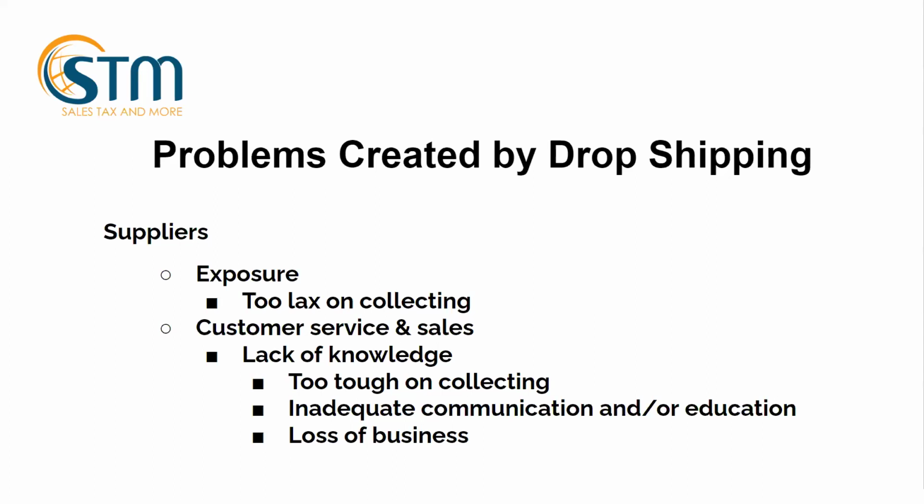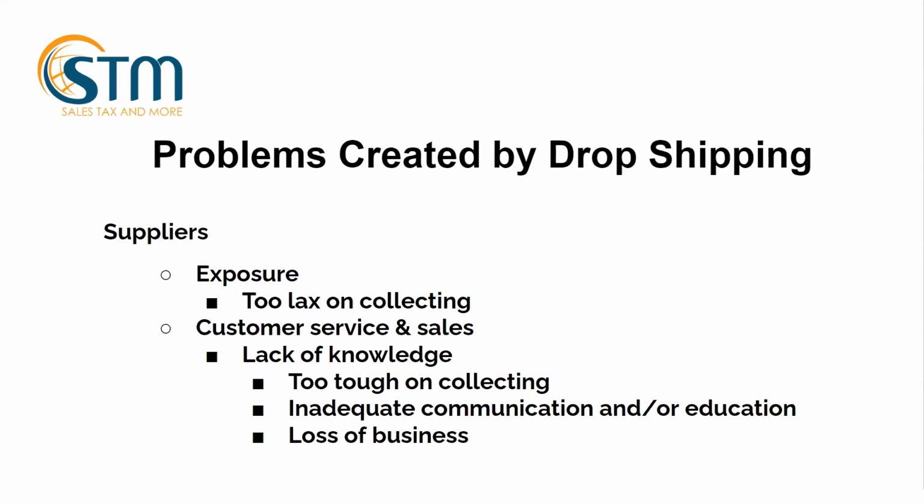Sometimes this is due to inadequate communication or education, letting your customers know why you need what you need. And it's got to be correct. I mean, you can't tell them, well, I need it because I say I need it, because they're going to be hearing things from your competitors. So it's got to be based in fact.